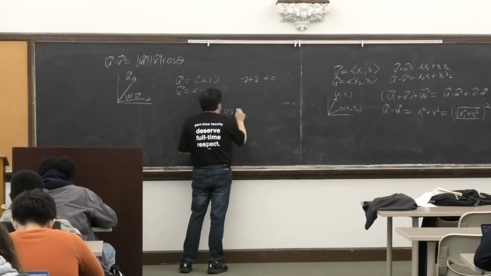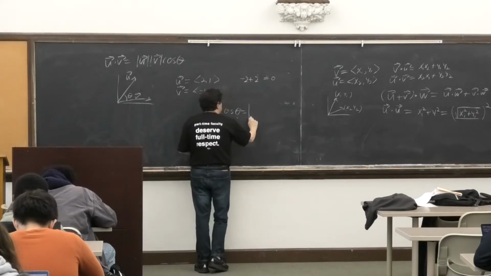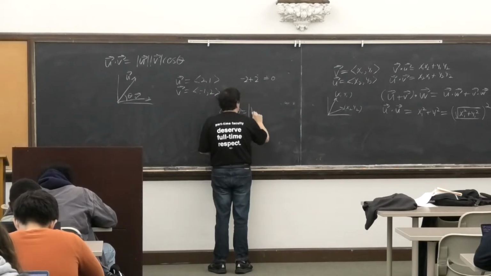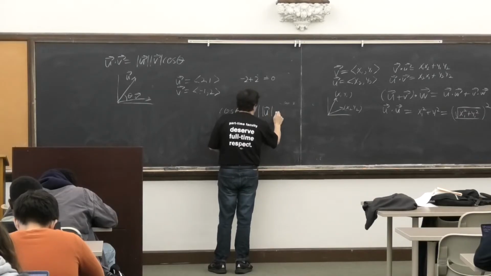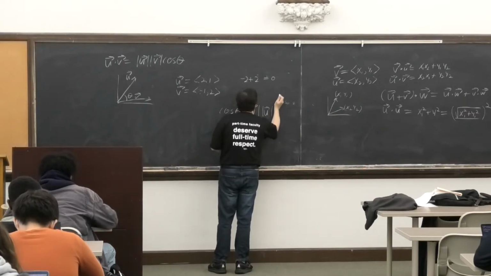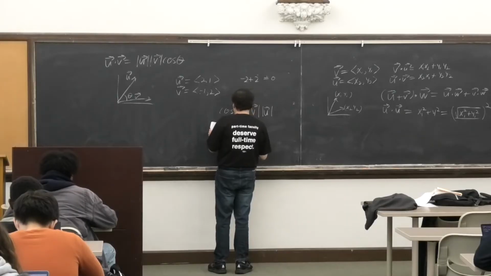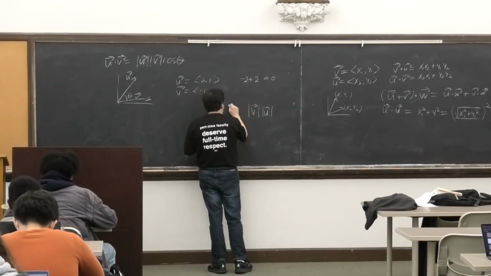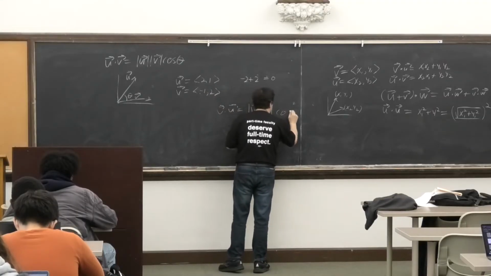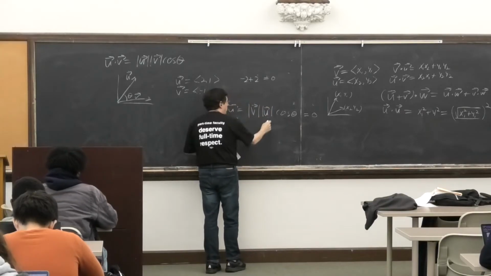So the cosine of theta equals the dot product over the norms, times cosine of theta is equal to 0. Oh, so these don't matter.